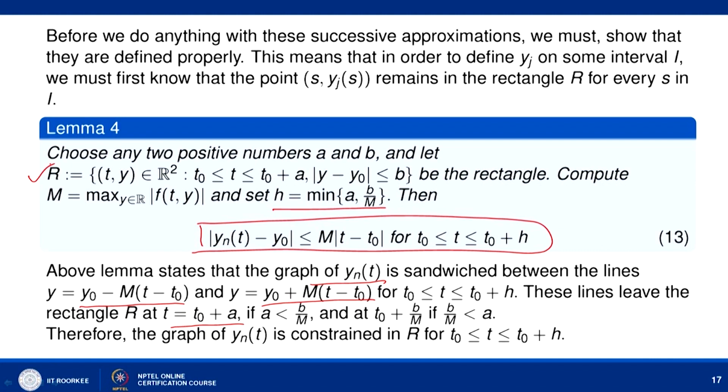All the constructed sequence will be in this rectangle R for all time t between t naught and t naught plus h, and in this rectangle modulus of f(t, y) is bounded by M. So, we have shown with the previous lemma that all the successive approximations satisfy inequality 13, so all y_n(t) belong to this rectangle R.